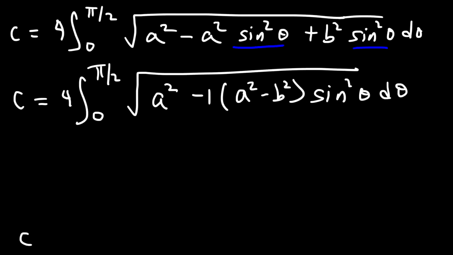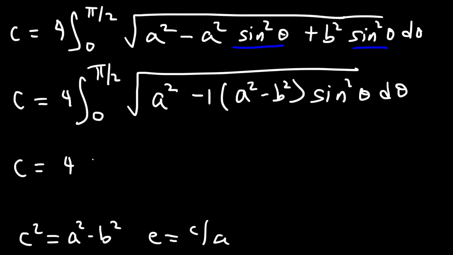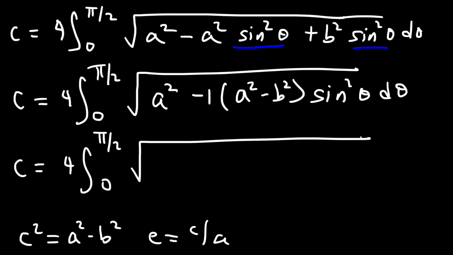Now it's important to know that c squared is a squared minus b squared, and the eccentricity of an ellipse is c over a. So this becomes a squared minus c squared times sine squared theta d theta.